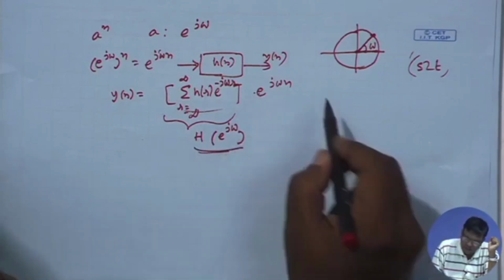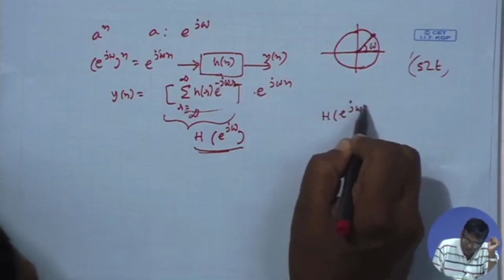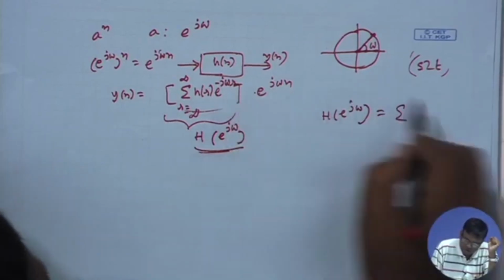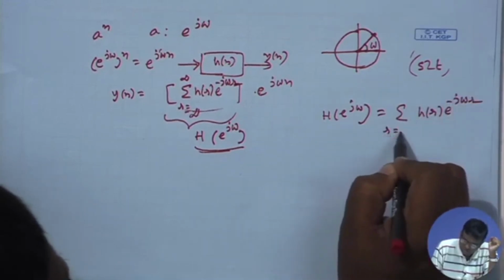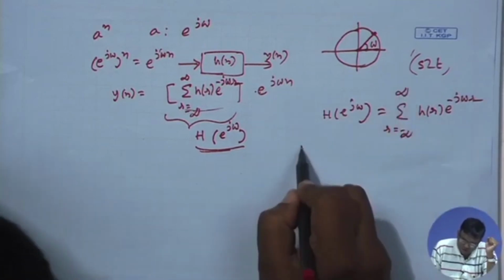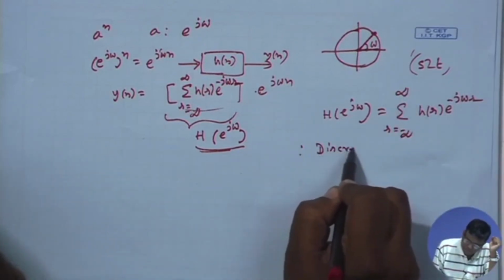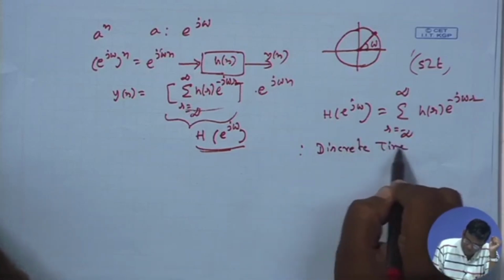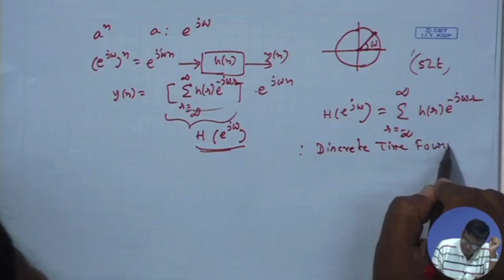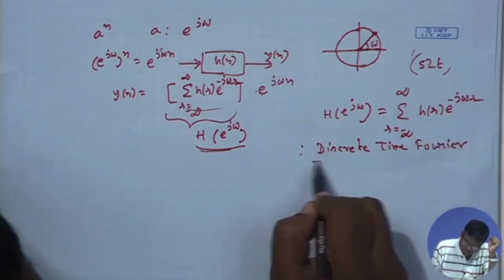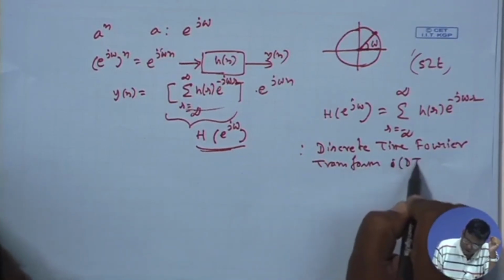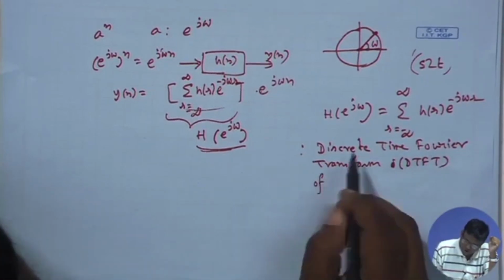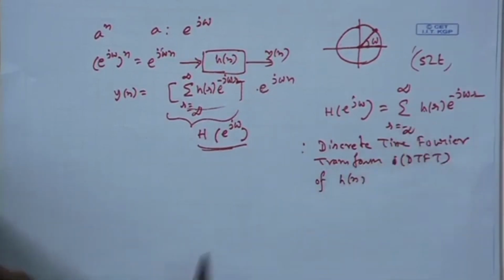This H e to the power j omega, which I rewrite, is called the discrete time Fourier transform, that is DTFT, of this sequence h n. We just give it a name, discrete time Fourier transform.